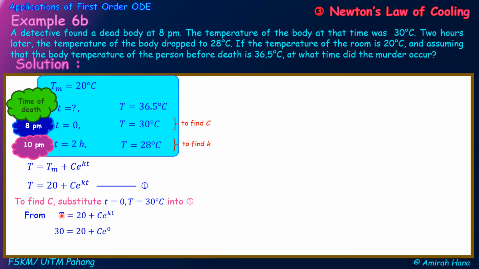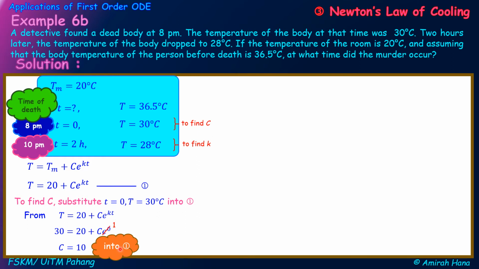We replace the temperature by 30, which equals 20 plus C e to the power of 0. We replace t equals 0 here, then we get 0 times K equals 0. Then e to the power of 0 equals 1. So we get C equals 30 minus 20, so C equals 10.